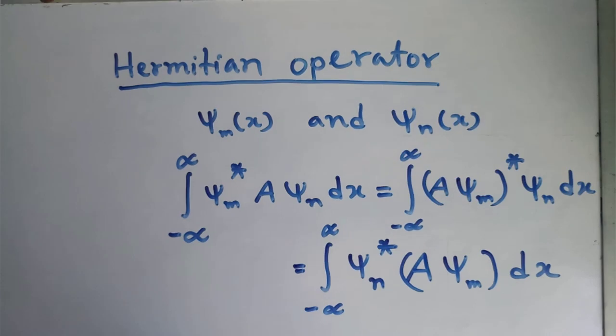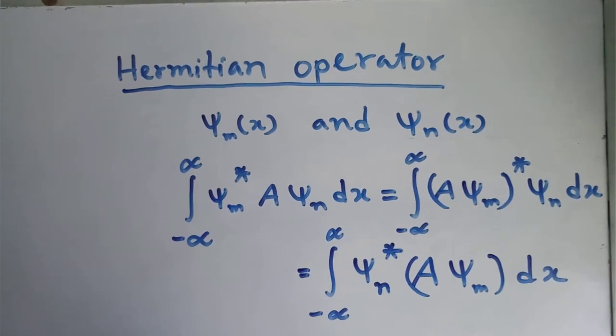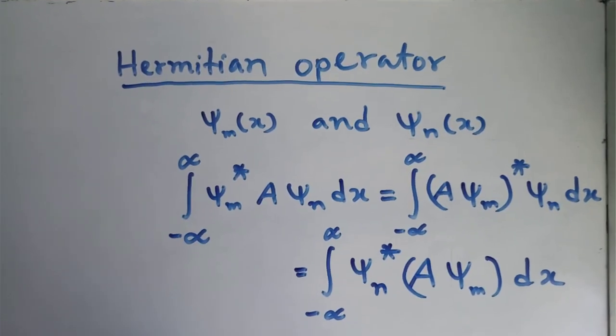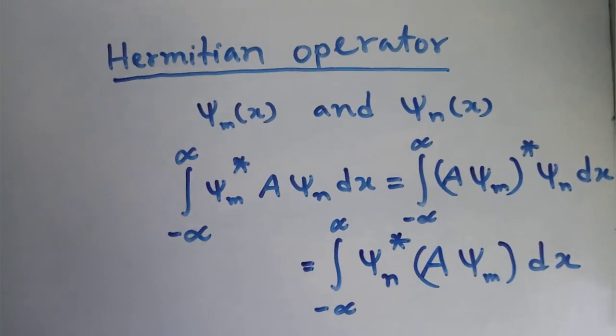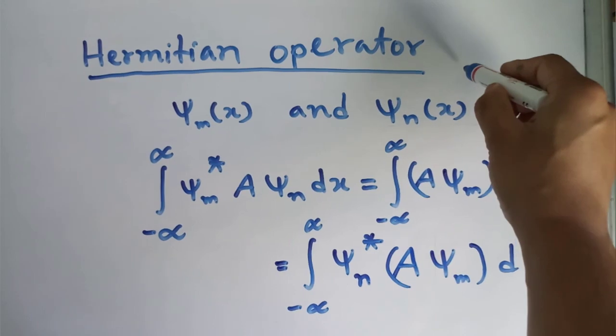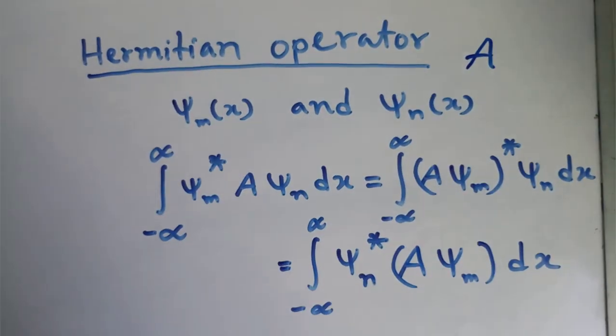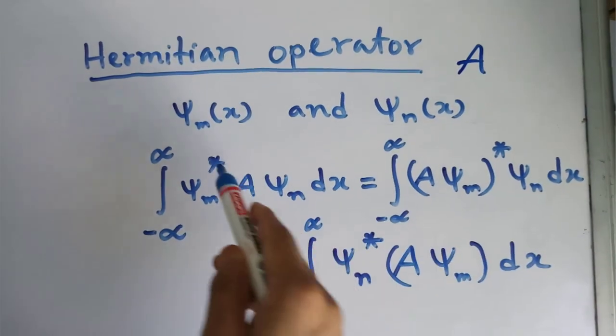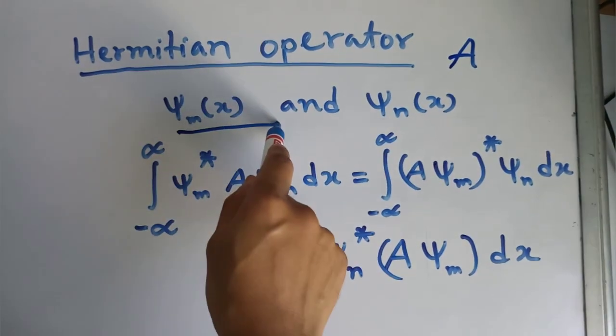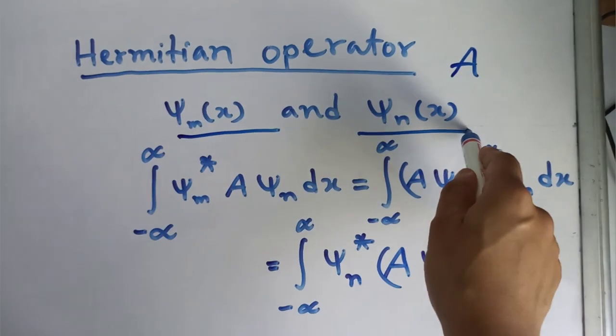An interesting linear operator is the Hermitian operator. Suppose I have taken an operator A and two functions psi_m(x) and psi_n(x).